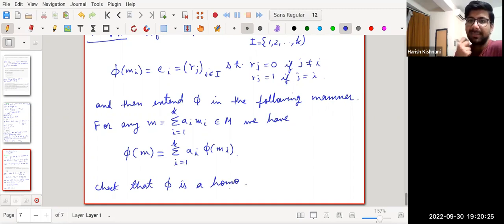And not only homomorphism, by the same process we proved the equivalence of two statements in part one, you can prove that phi is in fact an isomorphism.